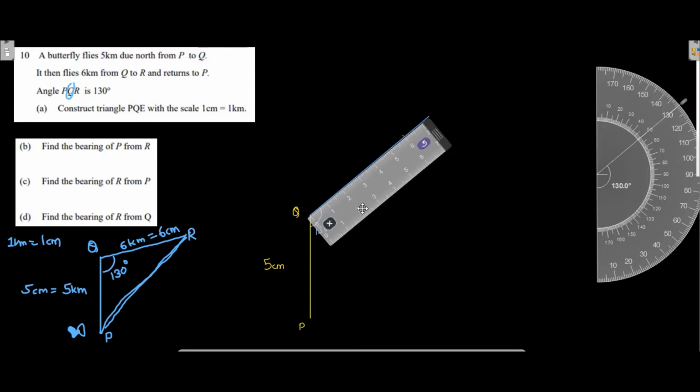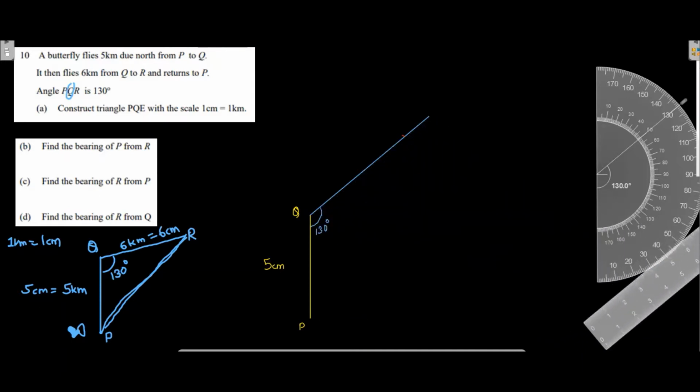I mark that point, and this point is R. From here I have to draw a line coming back straight to P. So our construction is complete. Let us label it: this is 6 centimeters, which is also equal to 6 kilometers.